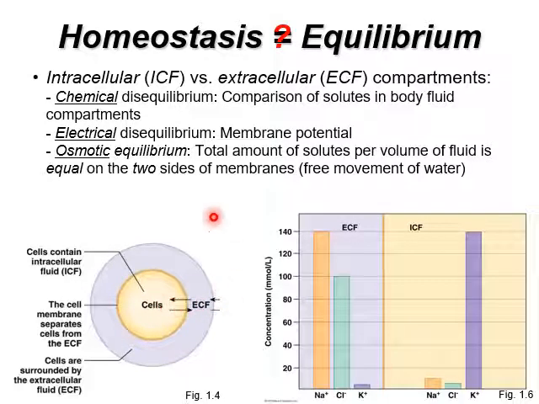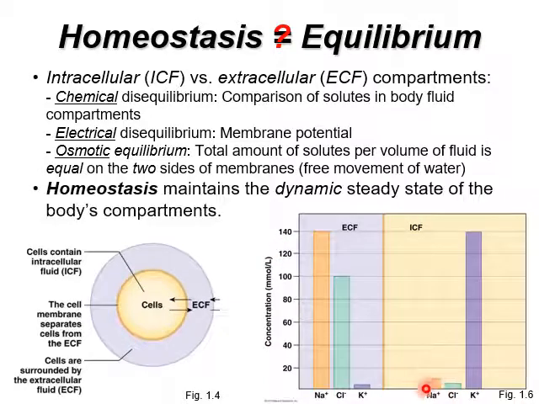But when you actually look at the chemical composition, the difference between the extracellular fluid and the cells, you can see here's the ICF, this is what's in the cell. You can see very little salt. Salt is sodium chloride, and this is concentration here.